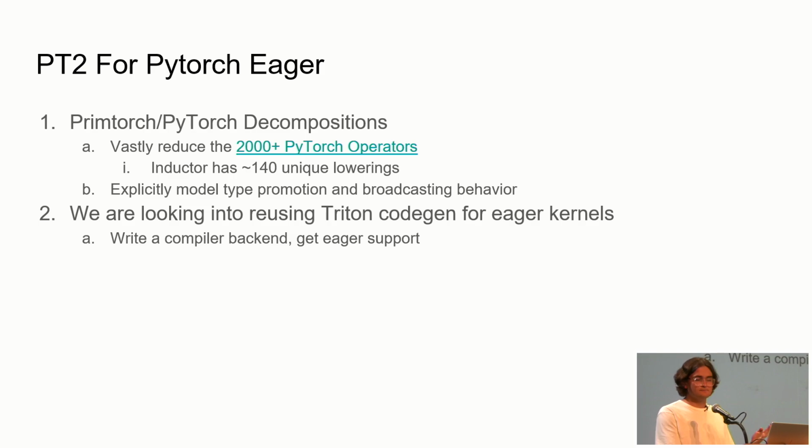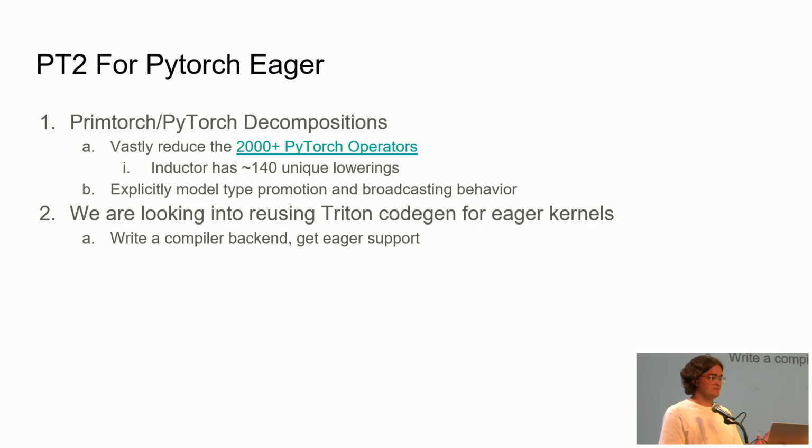And then also note that a lot of the things that we use in PT2 are also relevant for PyTorch Eager, in that we have a huge set of decompositions to make the number of operators you need to implement much more feasible, and also explicitly model type promotion and broadcasting so that you can faithfully execute PyTorch semantics.